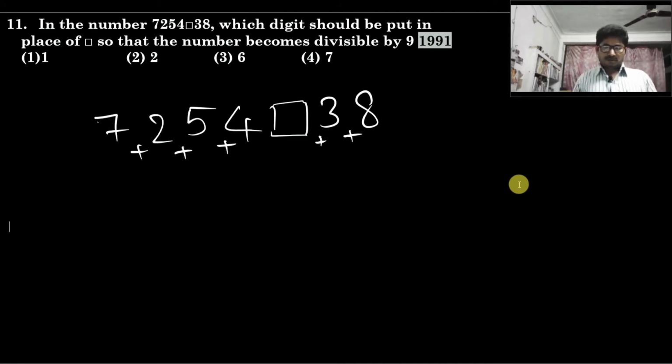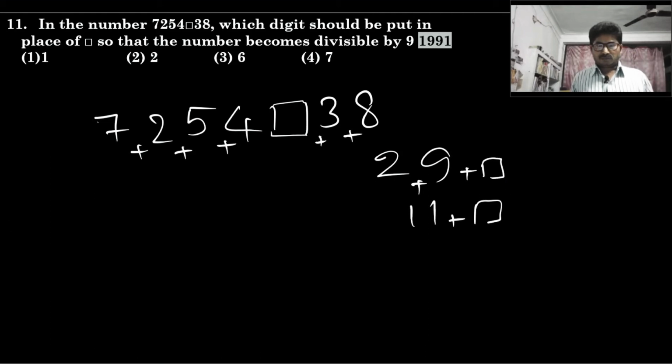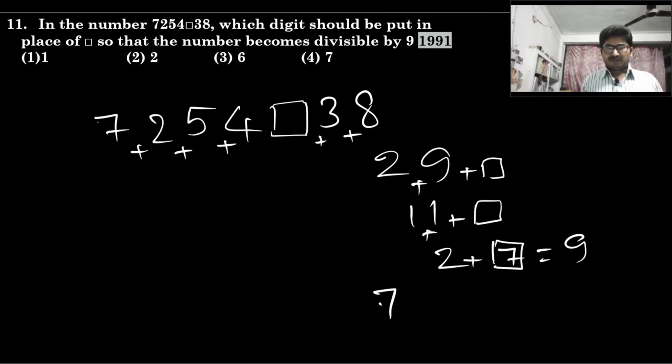Once again we are doing 7 plus 2 is 9, 14, 18, 21, 29, children, plus box. 29 plus box. So here, which digit we substitute in place of box, we get a multiple of 9. So 29 plus 7 is 36. So that's why 7 is the answer, option 4.